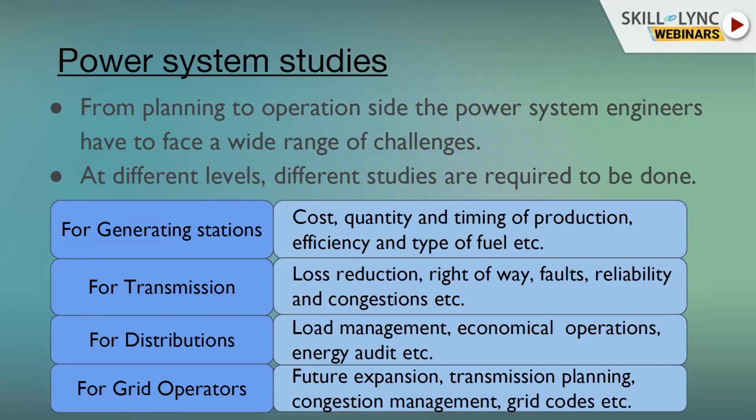So the challenges or the work for the grid operators are future expansion, transmission planning, congestion management, and grid codes. So these are the challenges also, and these are the power system studies or power system analysis at different levels of the power system.